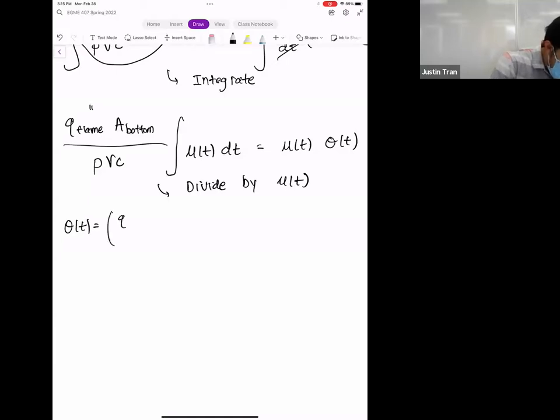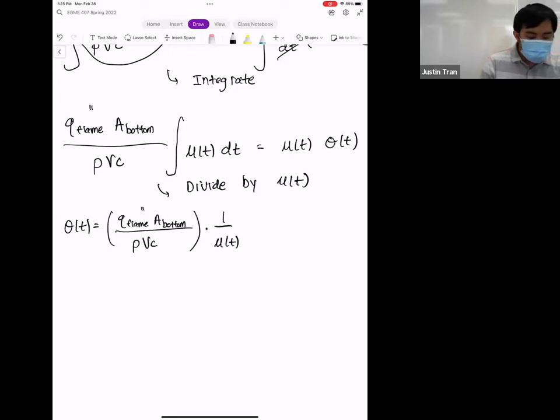So in the end, what we get is theta of t is equal to Q flame double prime multiplied by A bottom divided by rho V C, multiplied by 1 over mu of t times the integral of mu of t dt.